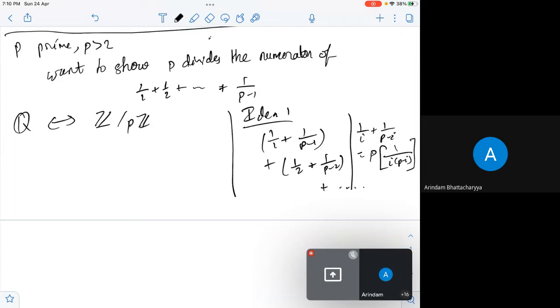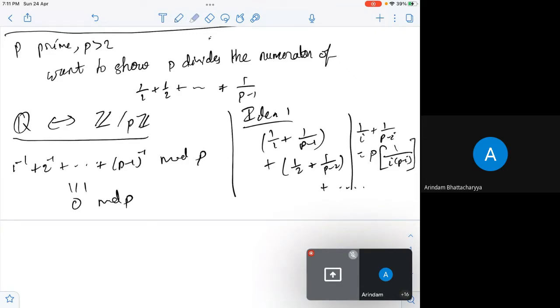The other idea is, yeah, that's the name, Wolstenholme something something. The other idea is to use the correspondence we talked about, and then we want to talk about 1 inverse plus 2 inverse plus up to p minus 1 inverse mod p. And we want to show that this thing is zero mod p.